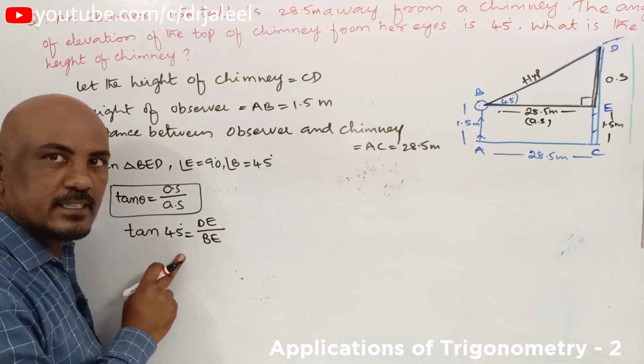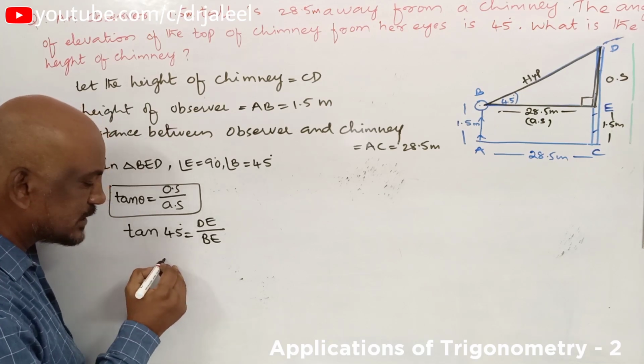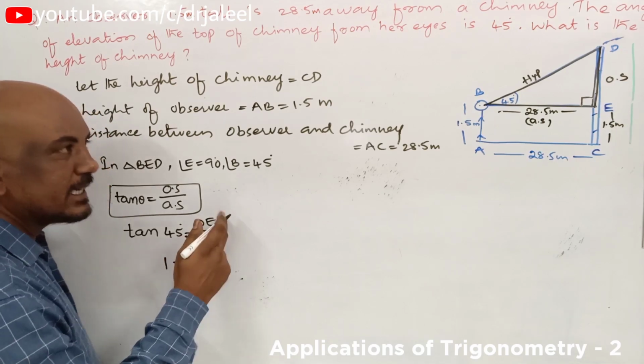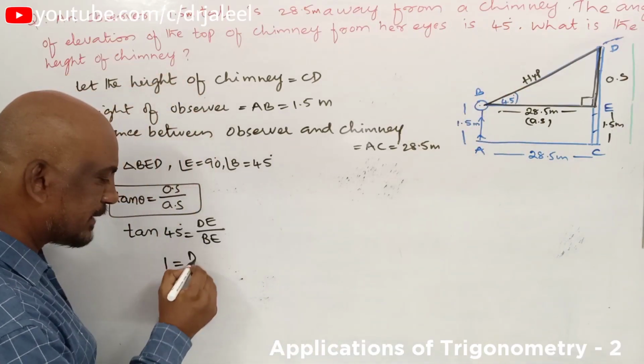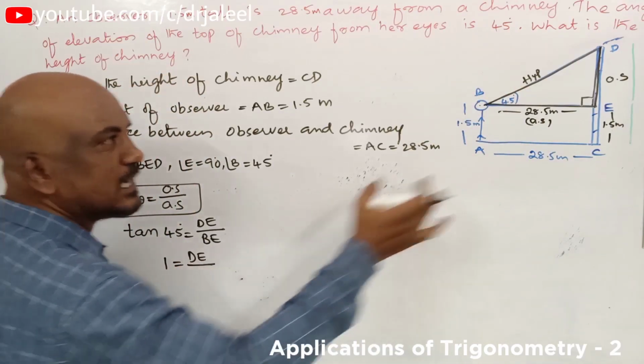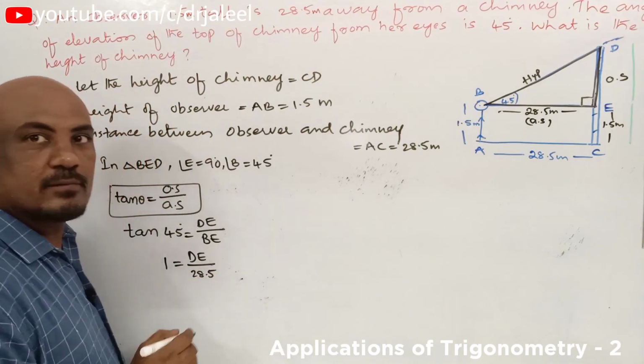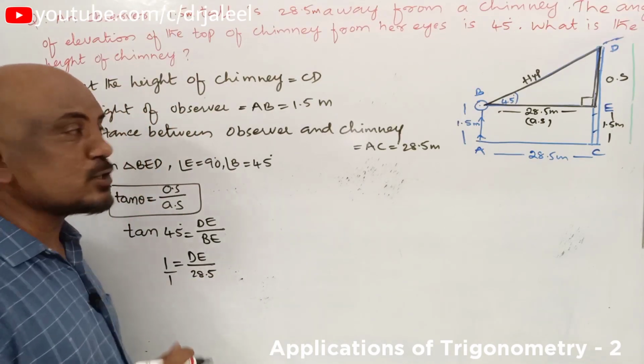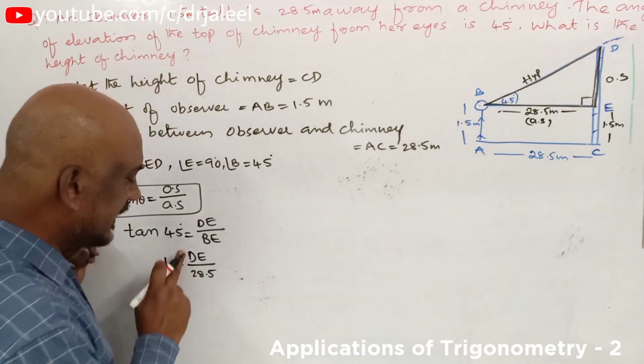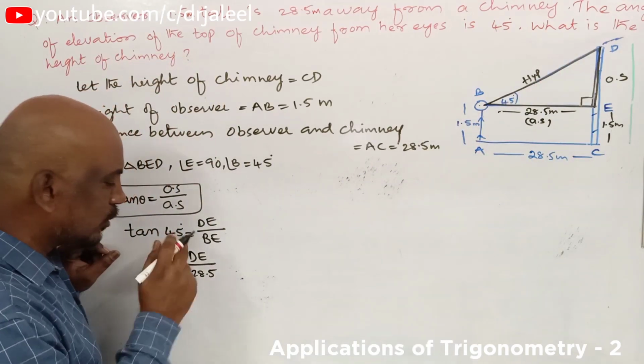We have learned in tables, right? In trigonometry, tan 45 is 1 is equal to DE. We don't know, so I am writing it as it is. BE. Now it's time to substitute. 28.5. As our goal is to find this DE, DE is wanted, so let us cross multiply.